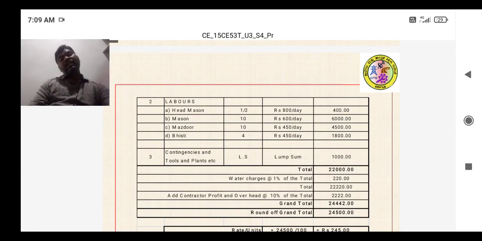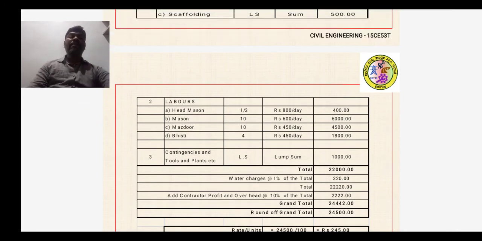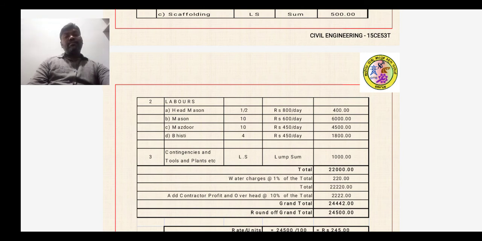Second one is labor: foreman, mason, mazdoor, bisti. Foreman wages per day 800. Masons 10, rupees 600 per day.